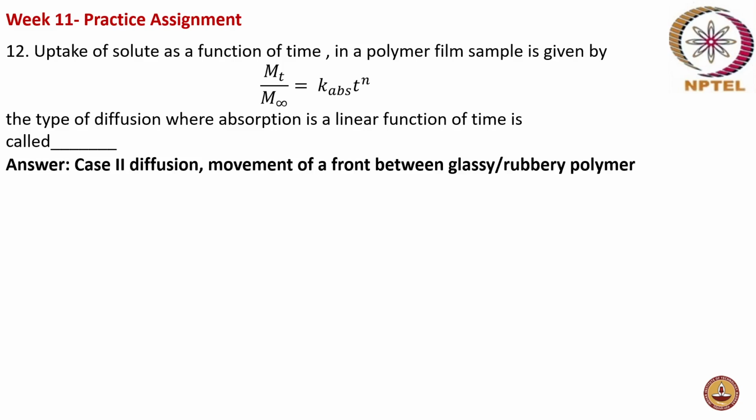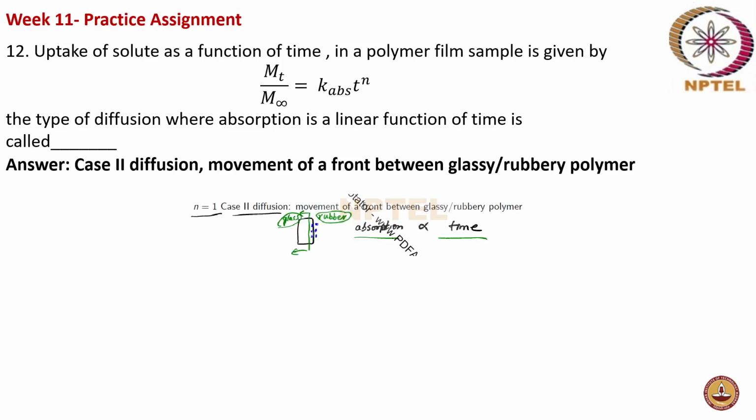This is called case 2 diffusion. Here there is a movement of a front between glassy and rubbery polymer, and n is equal to 1. The entire film is glassy, so it starts absorbing; the small molecule starts getting absorbed in the exposed portion.